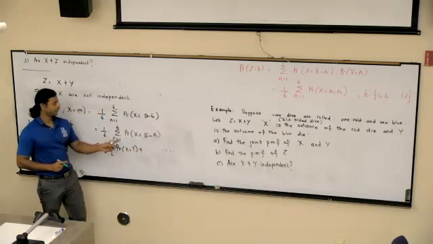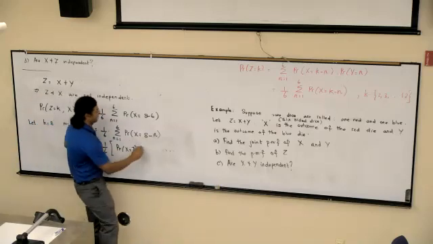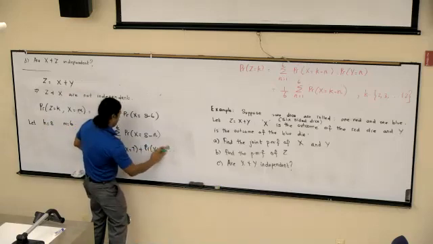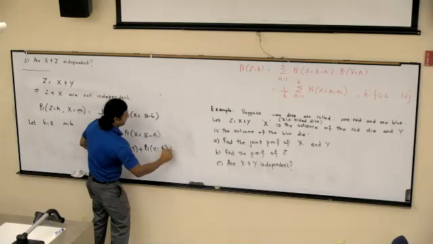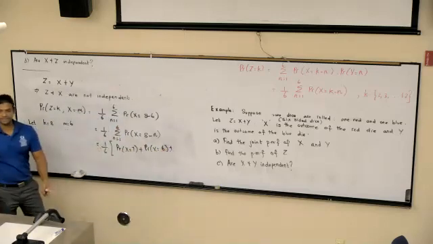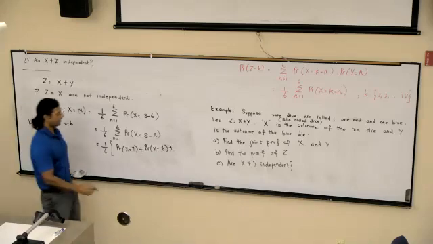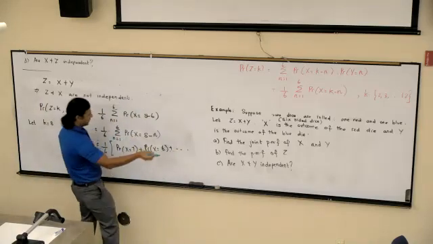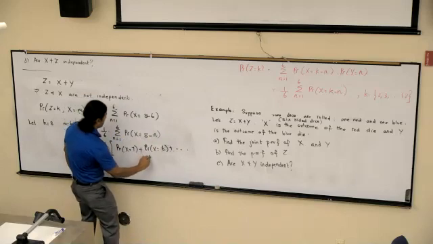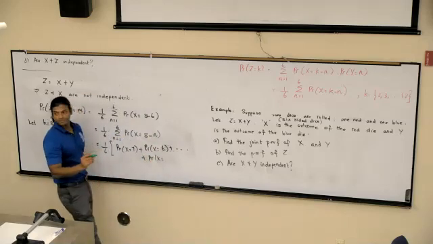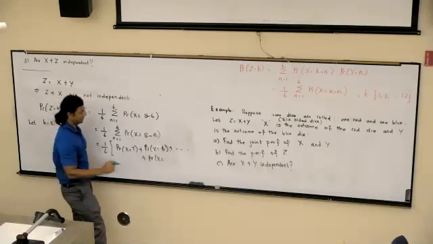When n is 2, 8 minus 2, we will get 6. N is 3, we will get x equals 5, so dot, dot, dot, all the way up to probability x is equal to what? 2.